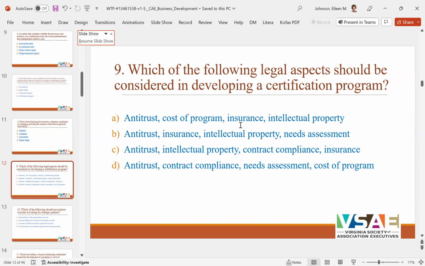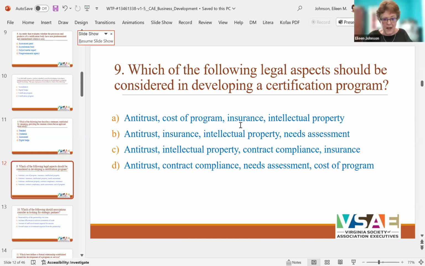So again, naively, maybe, I'm going to eliminate A and D because I don't think cost of program is a legal aspect. So that's going to leave me with B and C. And needs assessment also doesn't feel like a legal aspect, so that's going to lead me towards C, antitrust, intellectual property, contract compliance, and insurance.